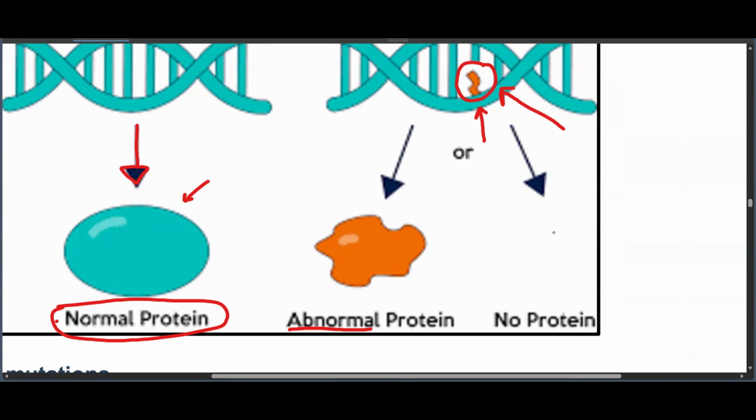So you can end up making abnormal proteins inside your body, or it can end up not making any protein at all. So there are two things that can happen whenever we have a gene mutation. Either the gene will produce an unacceptable, undesirable, or abnormal protein, or it will not produce any protein at all.